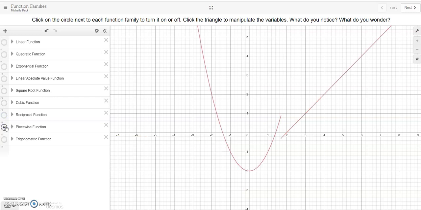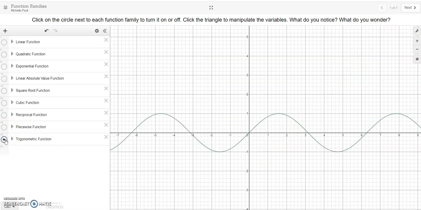A piecewise function, we've talked about piecewise functions, but this is an example of a piecewise function that has a piece of a quadratic function mixed with a piece of a linear function. So this piece is quadratic through a certain domain, and then this piece is linear through a certain domain. And then finally, trigonometric functions, which is the study of curves, and that you will cover in Algebra 2 trigonometry.